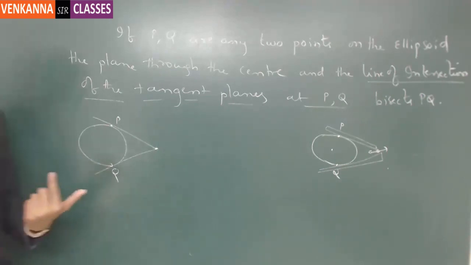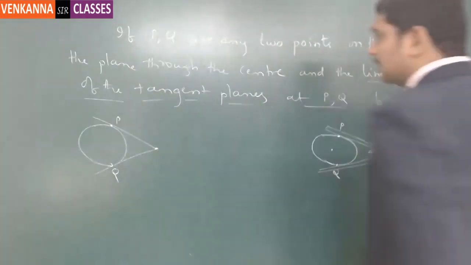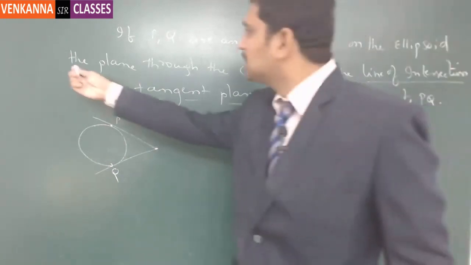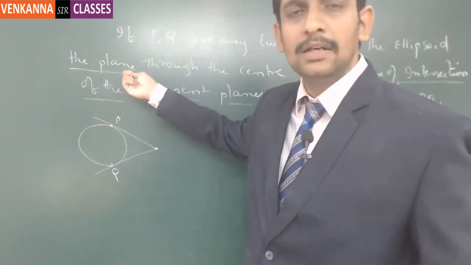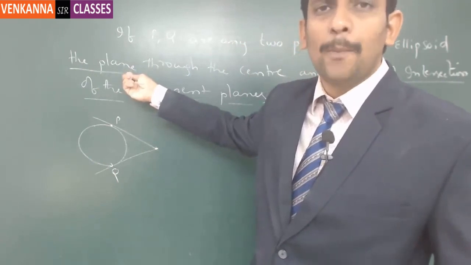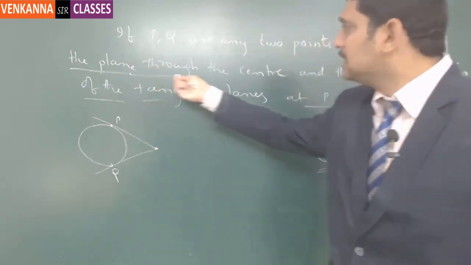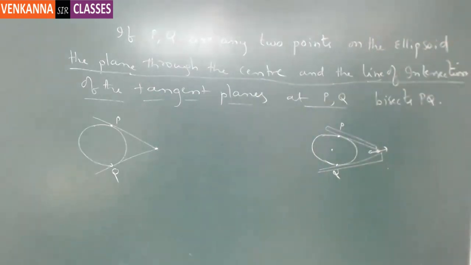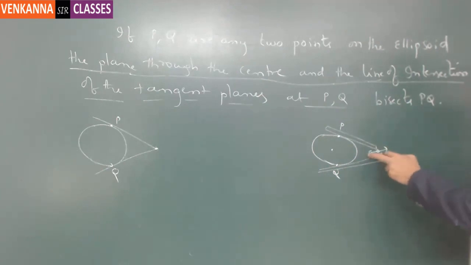Right. Now, the actual thing you are doing is, you have to calculate a plane, and what is the property of the plane? It is passing through the center and the line of intersection. So at this position, I have to calculate a plane which is passing through the line of intersection and the center.